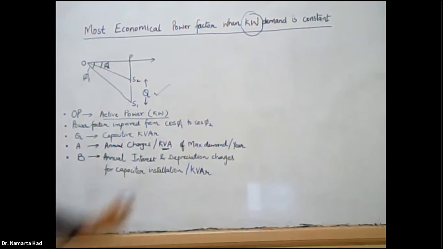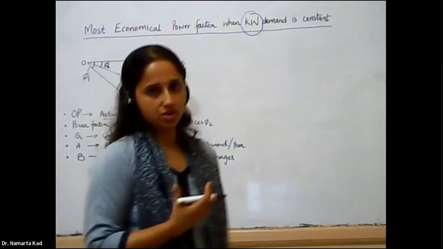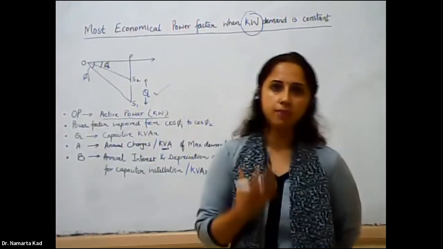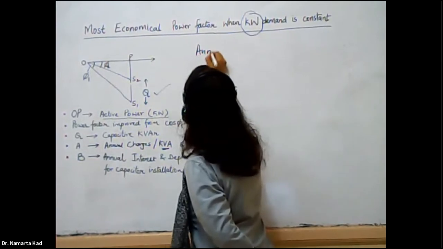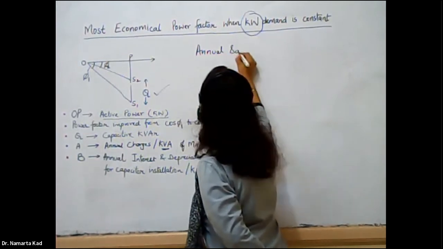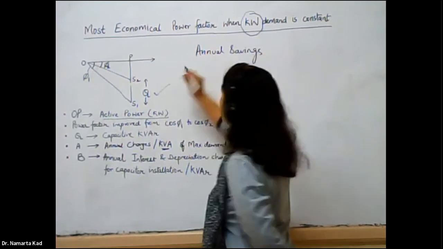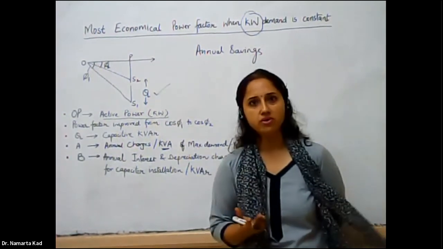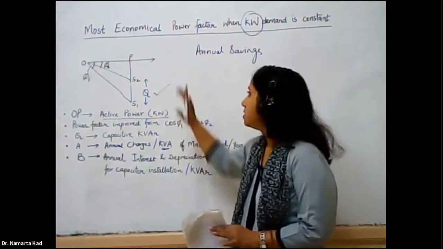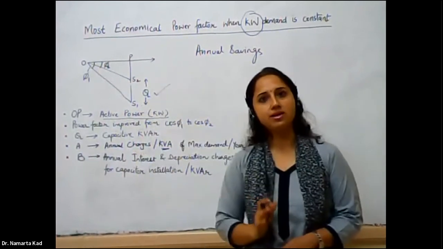Now, as seen from this system, what are the annual savings from the maximum demand point of view? In this derivation we have to improve the power factor, but our savings must also be maximum.